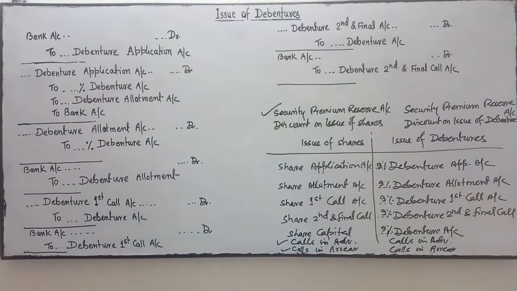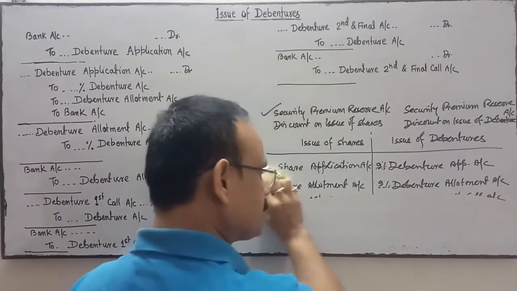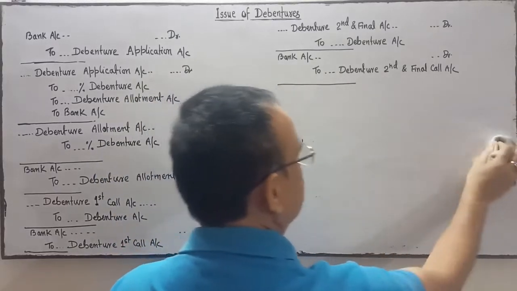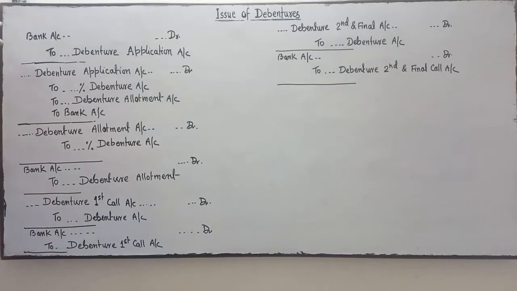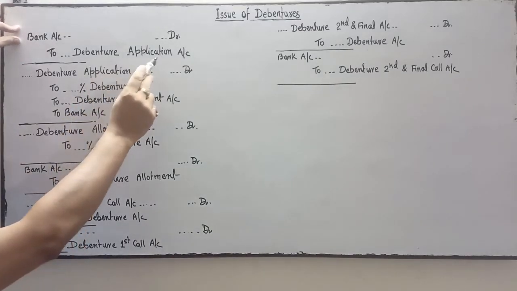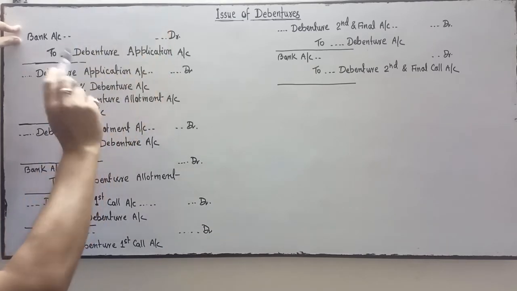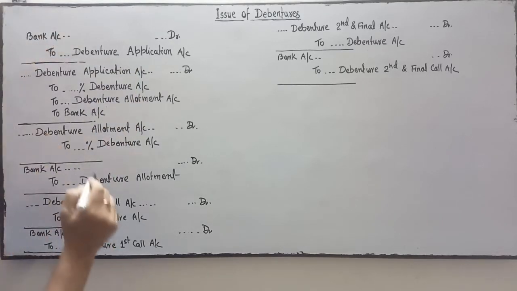So the journal entry, whether debenture is issued or share is issued, more or less the journal entry is the same. Now see the journal. At the time of application, the journal entry is bank account debit to debenture application. In shares we write share application. Here we will write debenture application, with the rate of interest on debenture as a prefix.